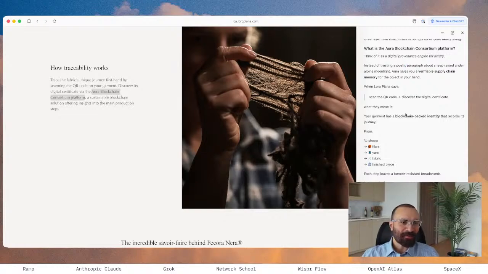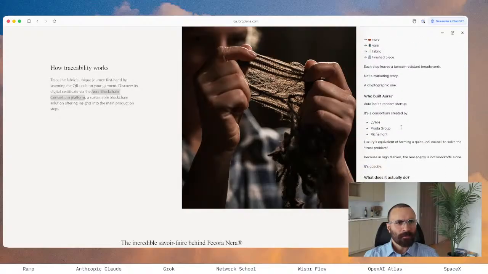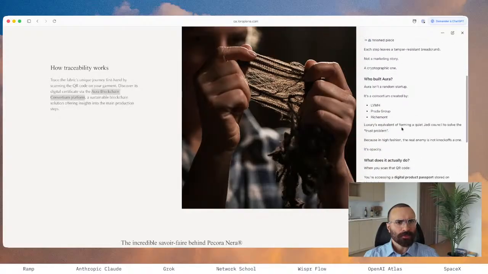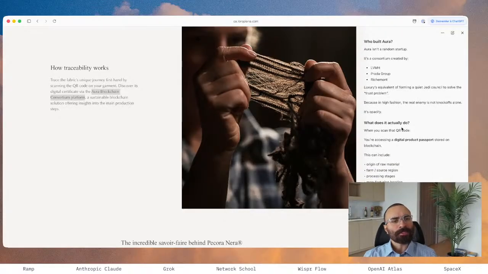When Loro Piana says scan the QR code, your garment has a blockchain-backed identity that records its journey from sheep, fiber, yarn, fabric, finished piece. It leaves a tamper-resistant breadcrumb, not a marketing story, a cryptographic one. Oh, it's a consortium created by LVMH, Prada, and Richemont.